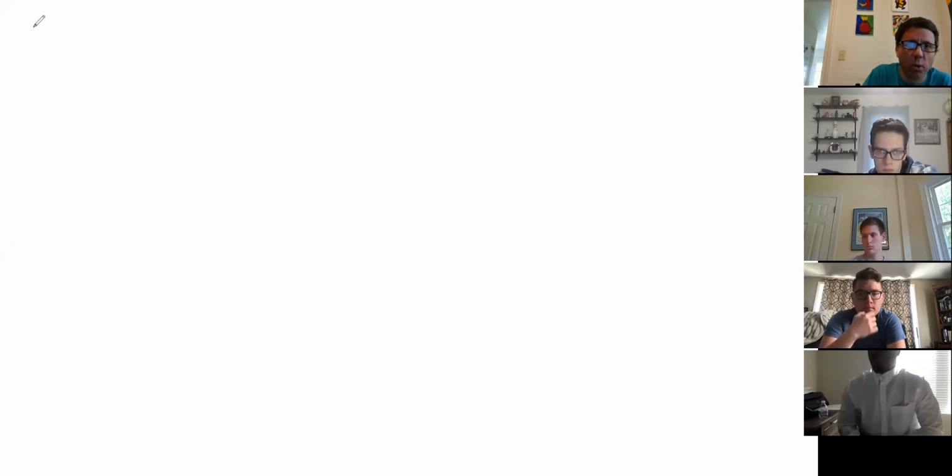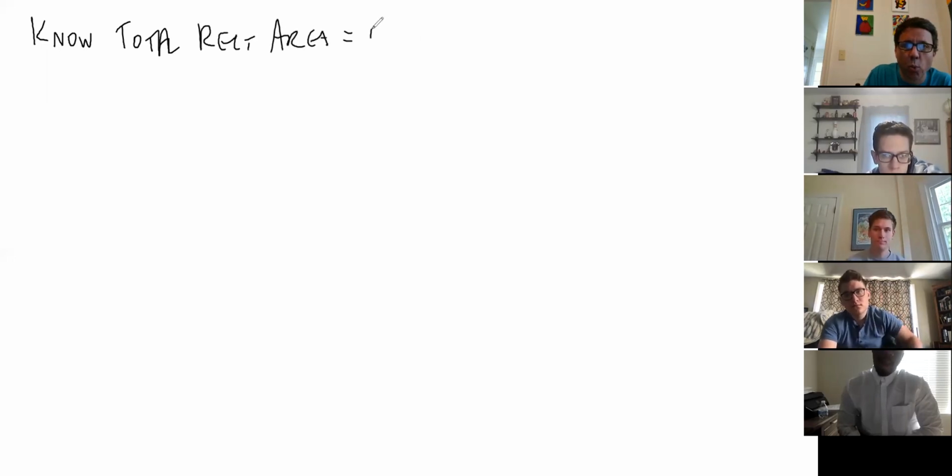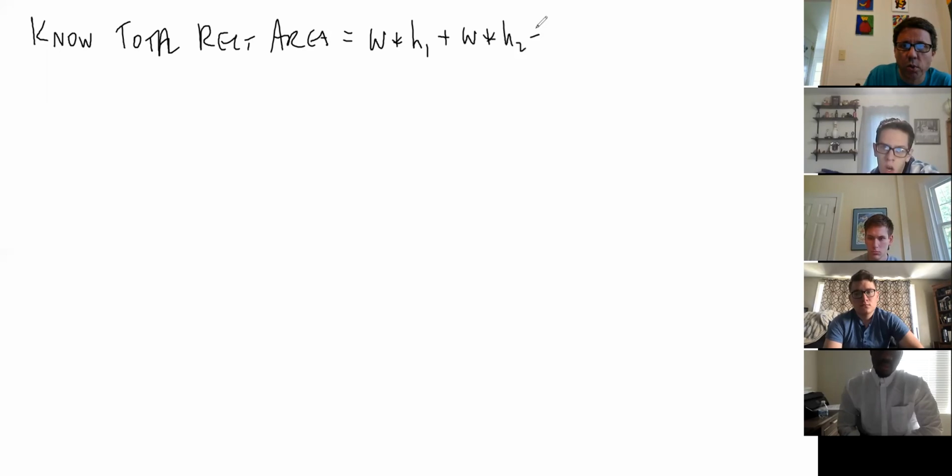So I know that the total rectangle area is the width times height 1 plus the width times height 2 plus the width times height 3 all the way across until I get the width times height 16.